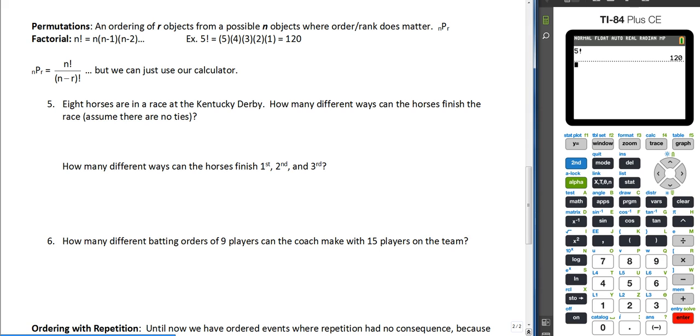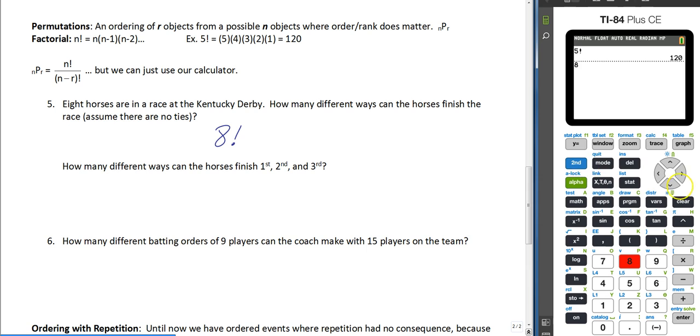So without doing a whole line of 8 different ones and saying 8 options for the first, 7 options for the second, we now know that we would just be multiplying. So this is just 8 horses factorial, which is how many different ways they can finish. Because you'd have 8 choices for the first one, and then after that first horse finishes, there's only 7 horses left in the race, so there's 7 for the second, all the way down to times 1.